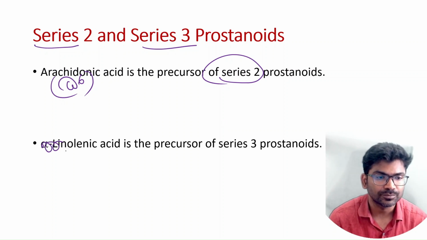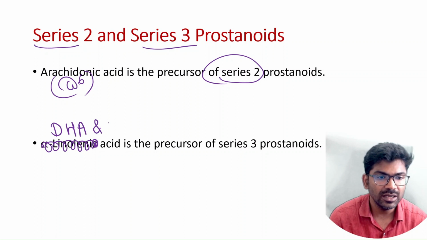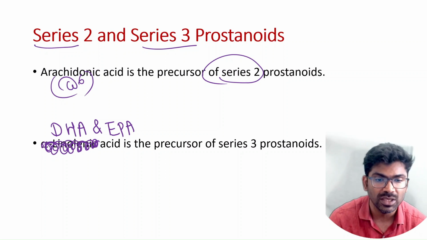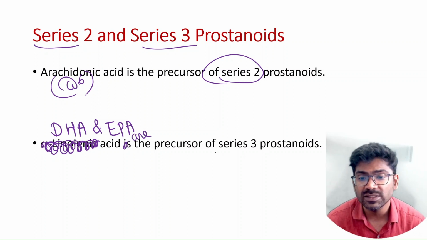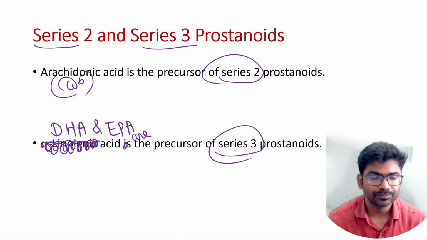Whereas docosahexaenoic acid and eicosapentaenoic acid, okay, DHA and EPA, they are the precursors of series 3 prostanoids, right?